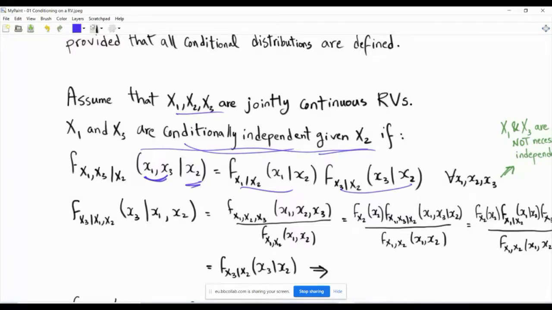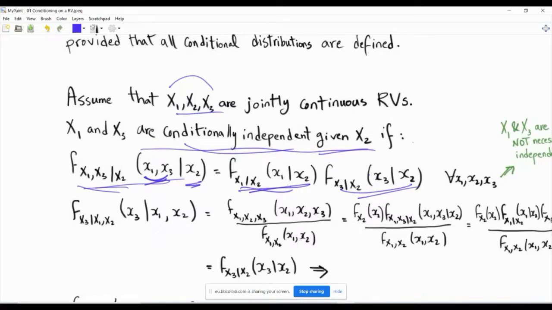Again, if we have those three random variables, jointly absolutely continuous, and x1 and x3 are conditionally independent given x2, it means that the conditional distribution of x1 and x3 given x2 can be written as a product, as we know from the property of independence, but here it will be the product of the conditional PDFs given x2. So the first will be the conditional PDF of x1 given x2, and the second will be the conditional PDF of x3 given x2.